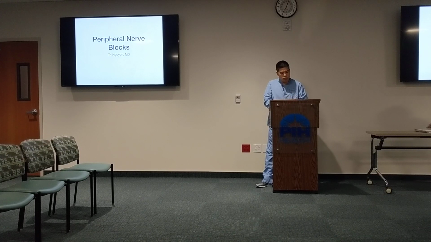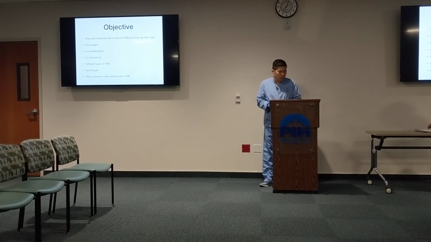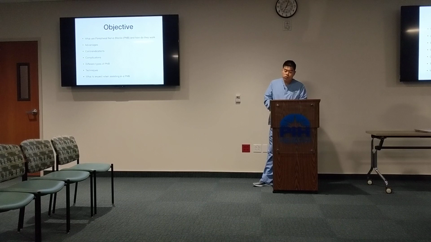Let's first start off by looking at our objectives for the day. What we'd like to talk about is what peripheral nerve blocks are and how they work. We'll talk about some advantages of doing a nerve block, some contraindications of when you should not do a nerve block. We'll look at some complications that can happen after a nerve block and things that you should look out for and be aware of.